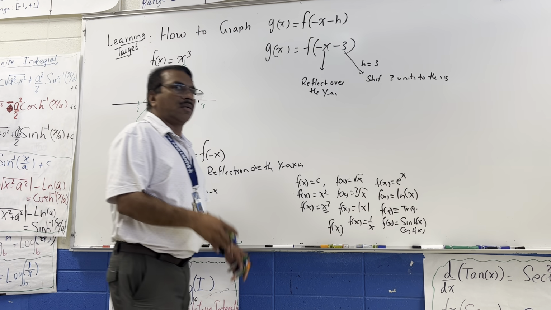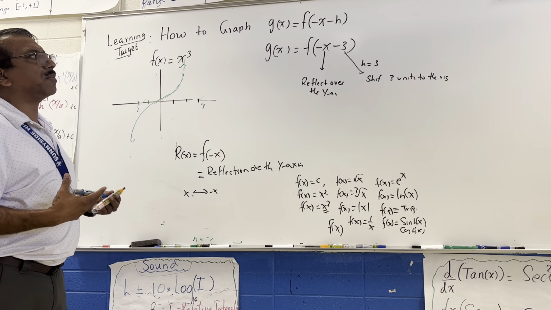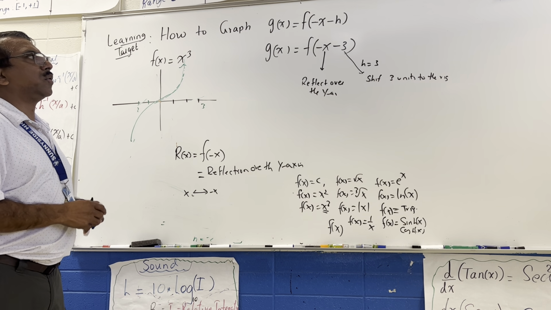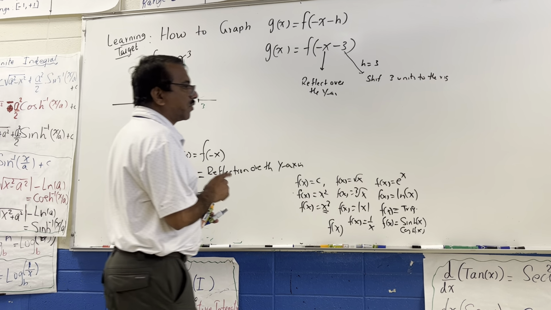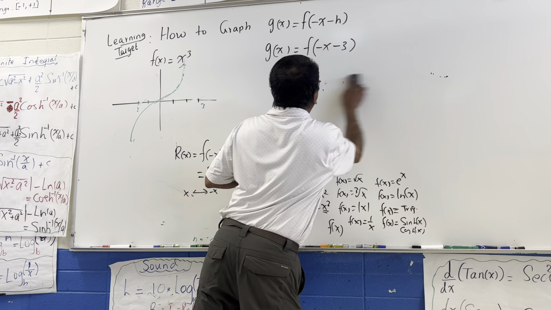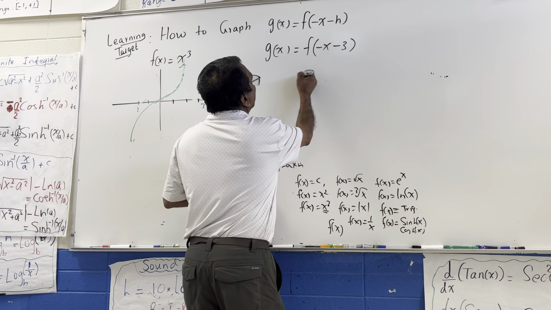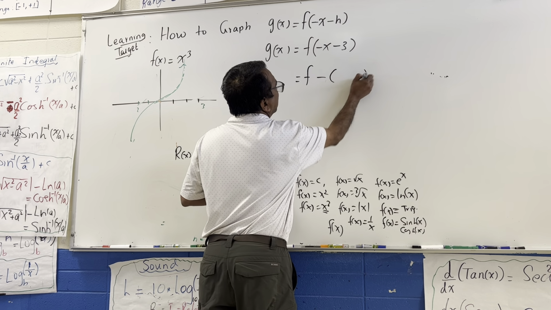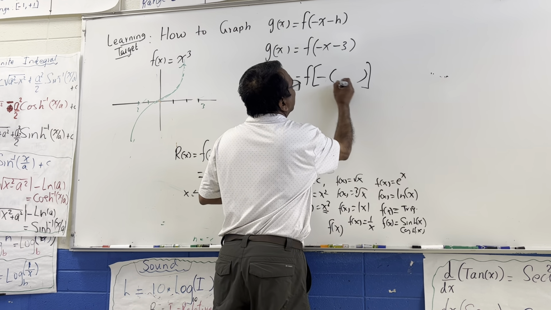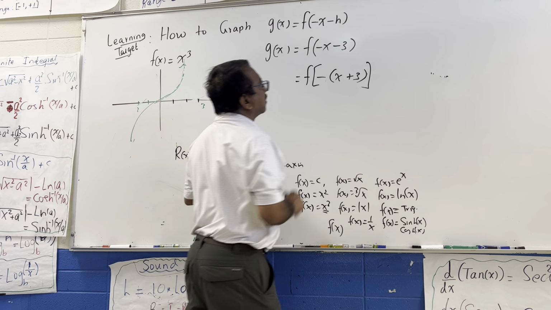So there's a misunderstanding here. Do you shift to the right or do you shift to the left? Be careful here. All you do is write the inside of the parenthesis as f of minus, and put a box here, so this will be x plus 3.